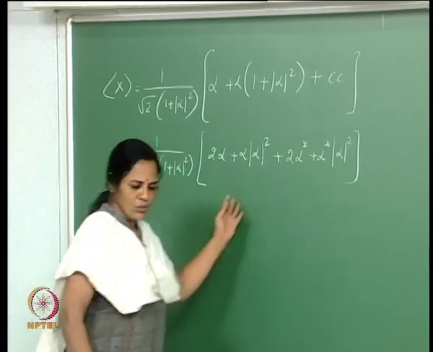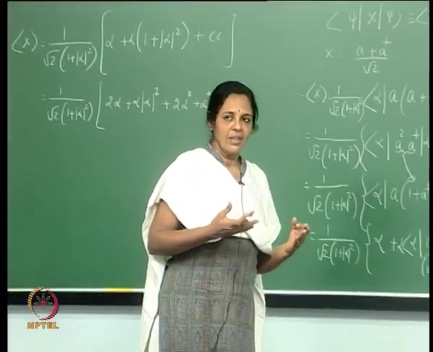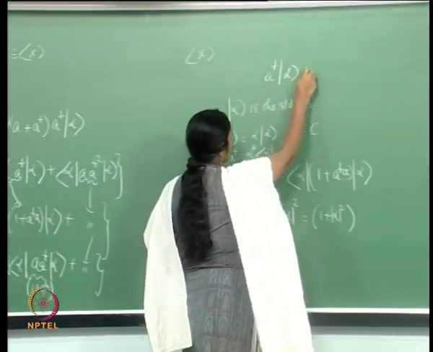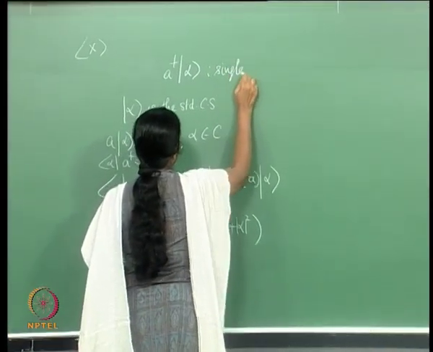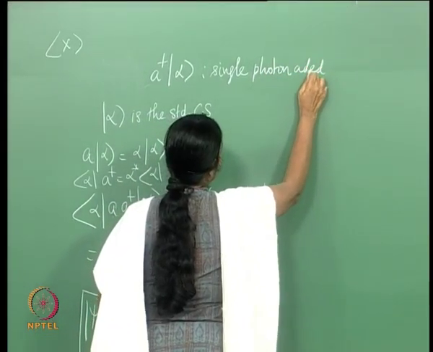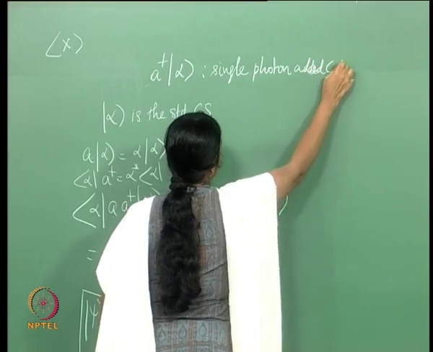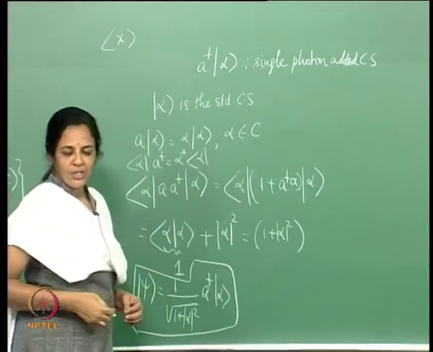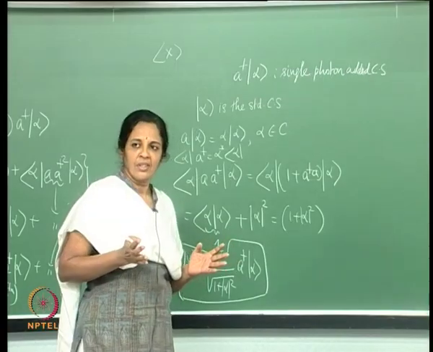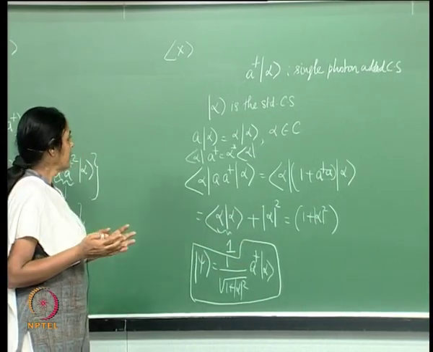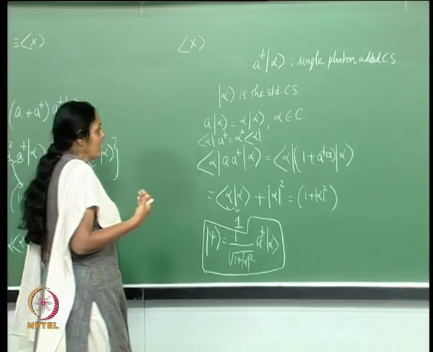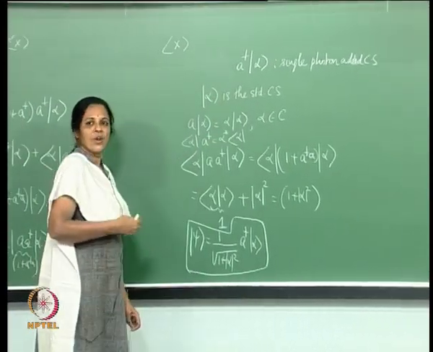I leave it to you to put this in a better form and realize that A dagger on ket alpha, the single photon added coherent state, is a very important state because first of all, it has been produced in the laboratory about 5 years ago, and it is not a perfect coherent state, but it departs from coherence quantifiably.